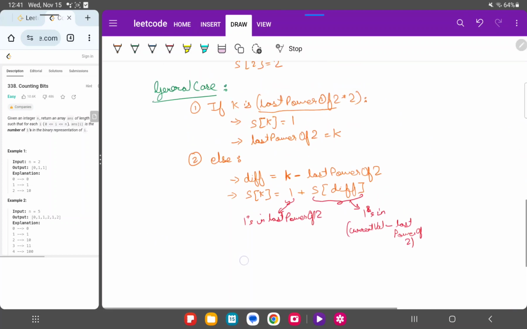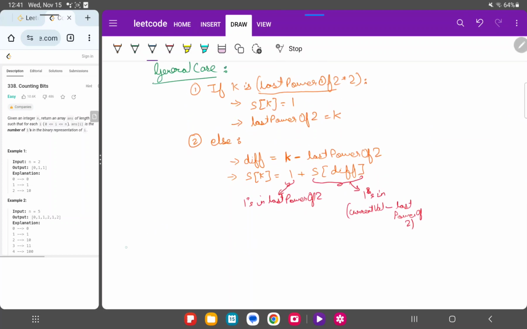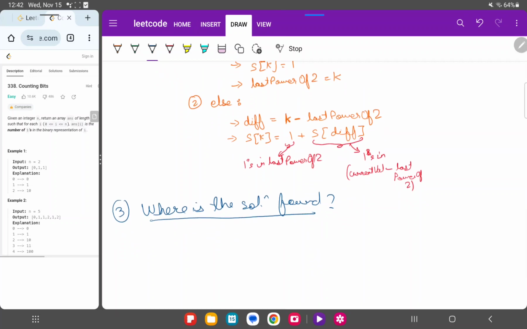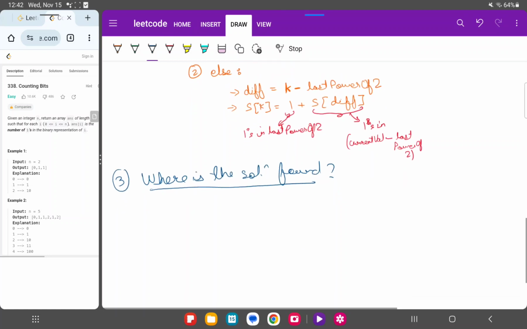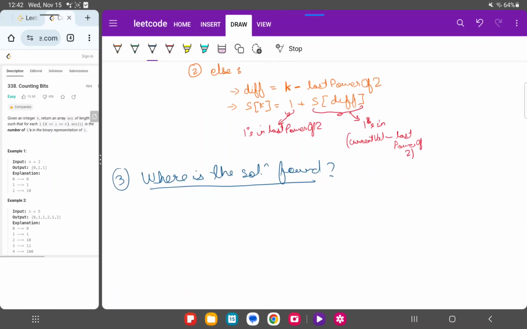Once the general case is also defined, the last part of the heart of the algorithm, what is that? Where is the solution found? Since our objective is to return the complete array that represents the number of ones in the indices at their corresponding positions, the solution would be the complete array.